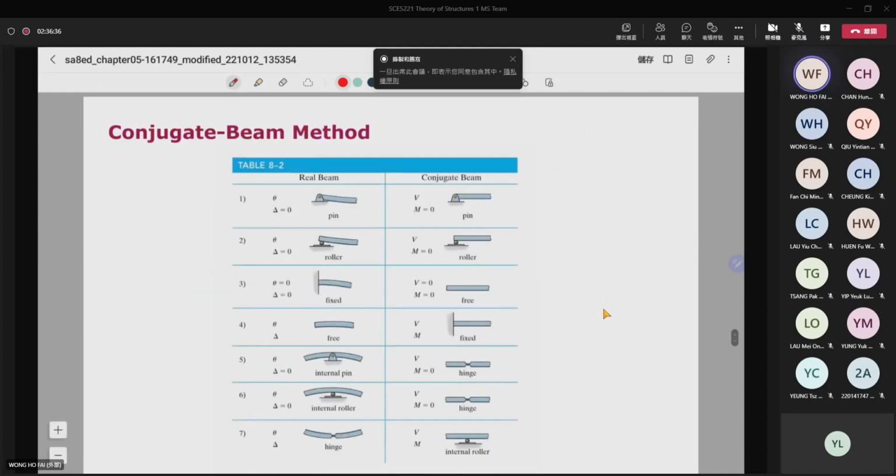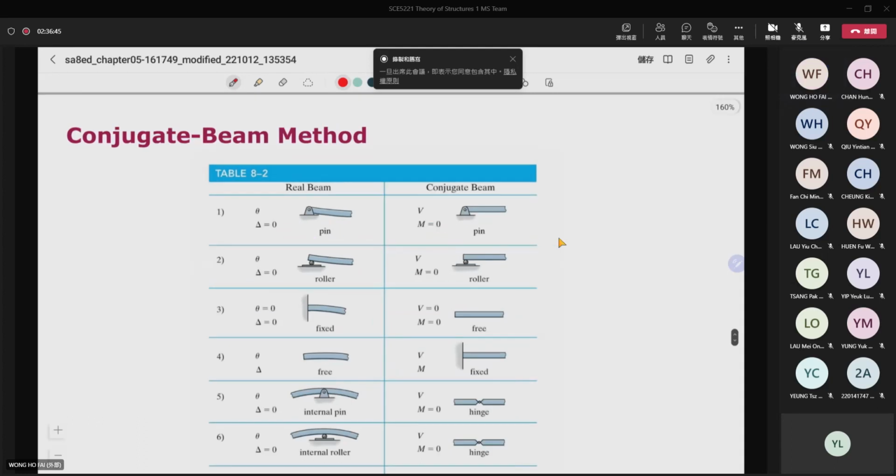So here, we need to change our support condition, because the real beam's support actually reflects the shear and the moment of the conjugate beam as well. For the pin support here, the rotation is not equal to 0, and the deflection is equal to 0. That means for the conjugate beam, the shear is not equal to 0, but the moment is equal to 0.